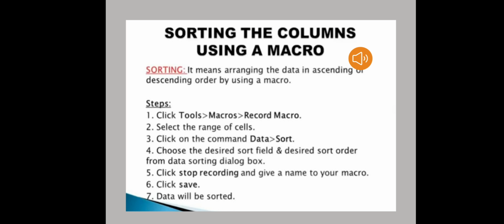Step 4: choose the desired sort field and sort order from the Sort dialog box. Then click Stop Recording, give a name to the macro, and click Save. The data will be sorted.